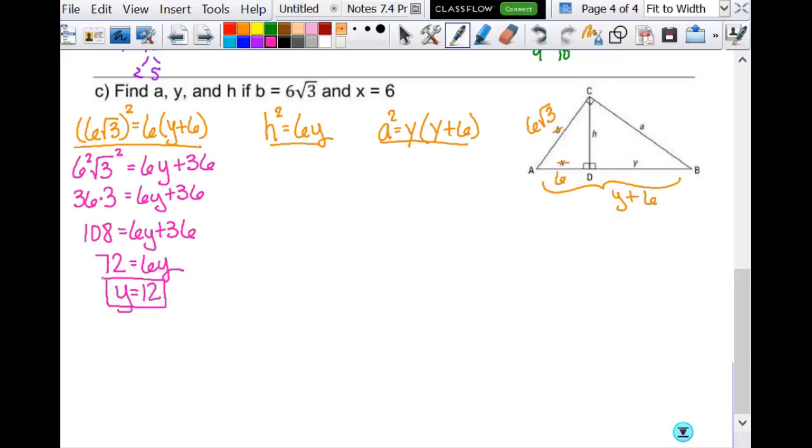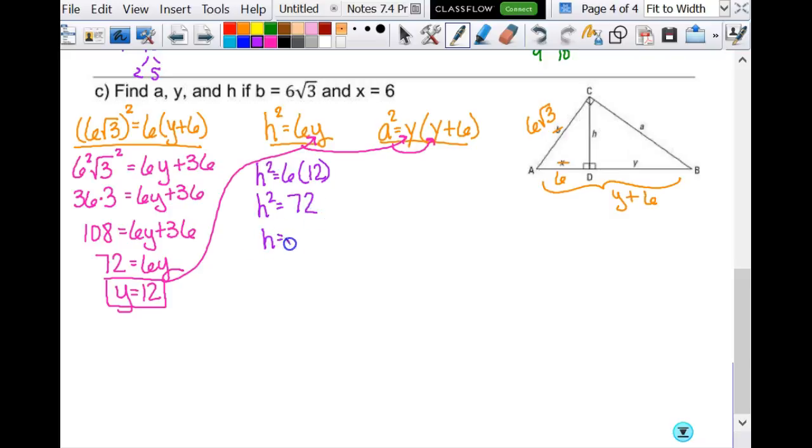Now I'm going to take y, and I'm going to plug it in right here, and right here, and right here. I'm not going to even distribute that yet. It is totally not necessary. So now when I do this, I'm going to get h² equals 6 times 12. So h² is equal to 72.